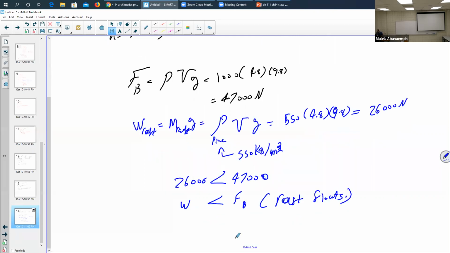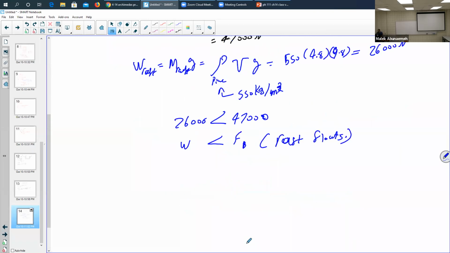Because it's floating, your buoyant force is going to equal the weight of the raft, which the buoyant force again is rho multiplied by V multiplied by g, which equals 26,000 newtons.